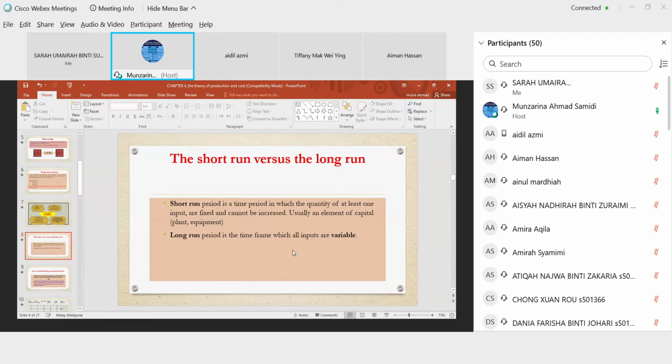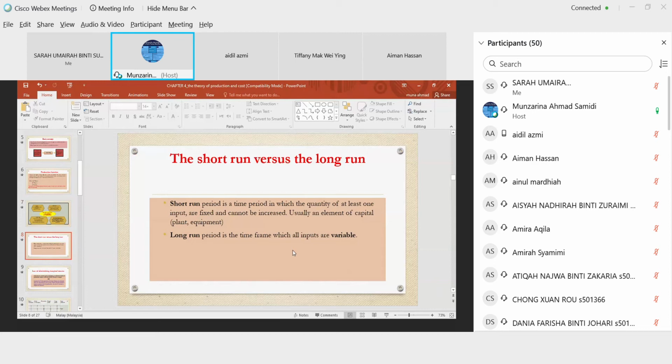Usually the variable input is labor and the fixed input is capital. So in the short run, capital is fixed and labor is variable.